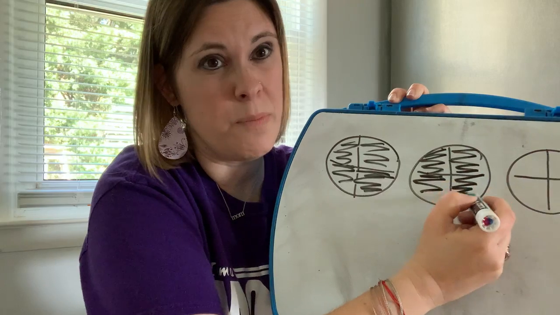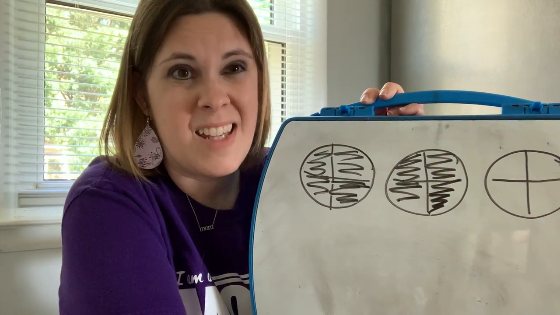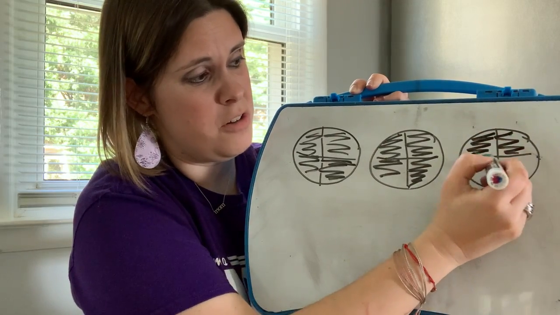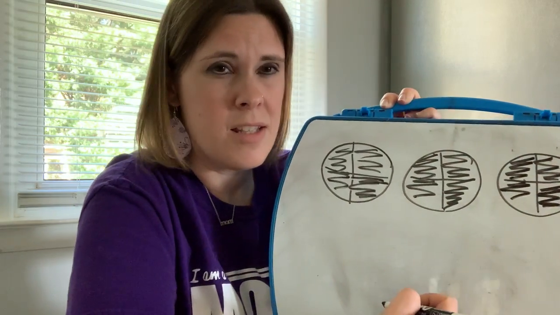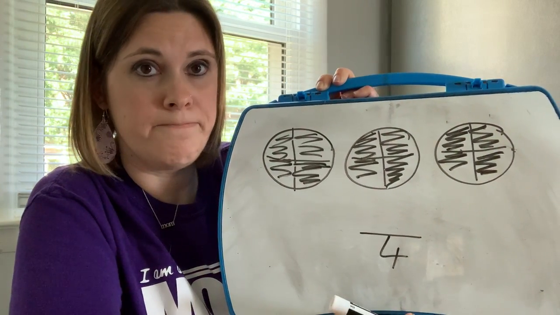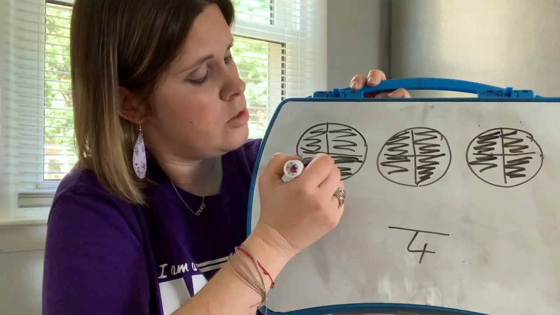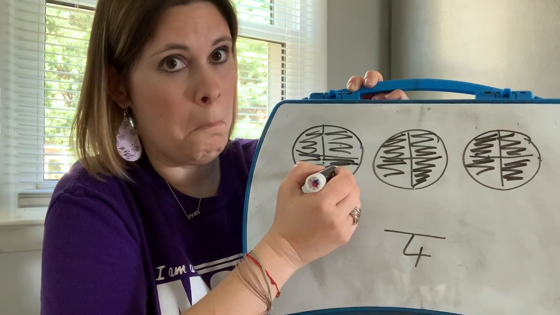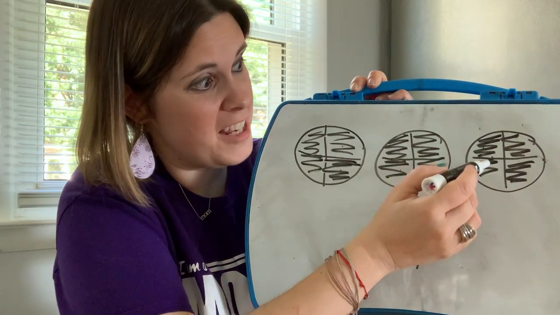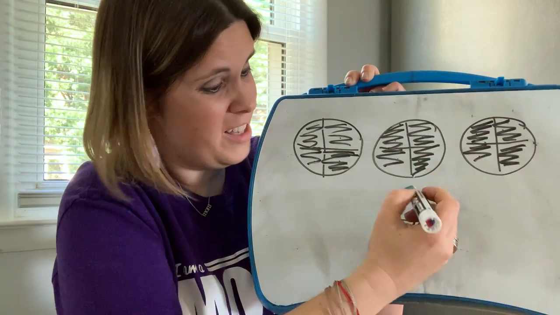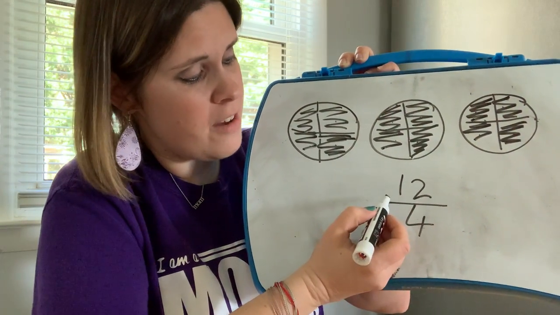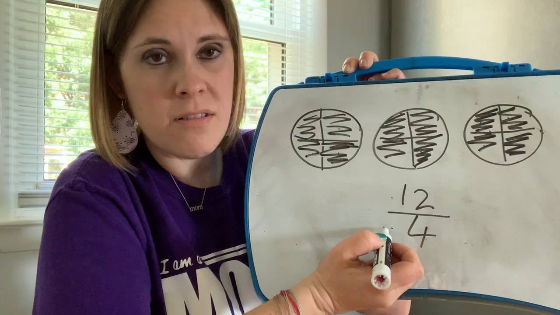I'm going to eat a second whole pizza. Say that I'm still really hungry. I'm going to eat another 4 slices. So each pizza is split into 4 slices. I'm going to eat 1, 2, 3, 4, 5, 6, 7, 8, 9, 10, 11, 12. I'm going to eat 12 slices. That means that I've eaten 12/4.